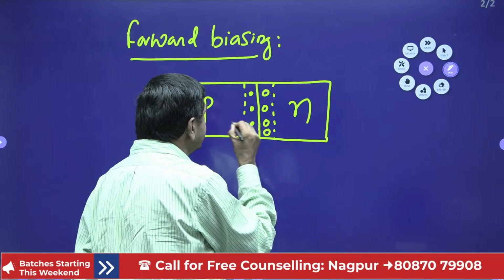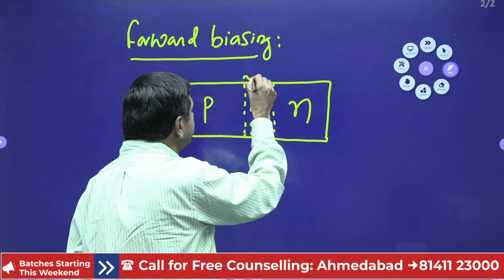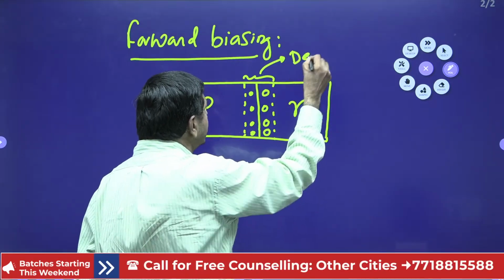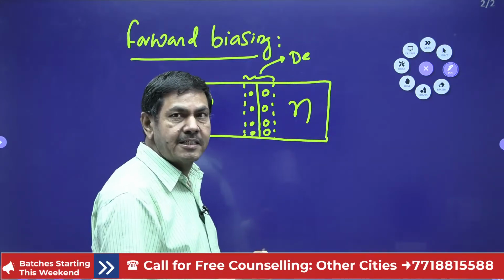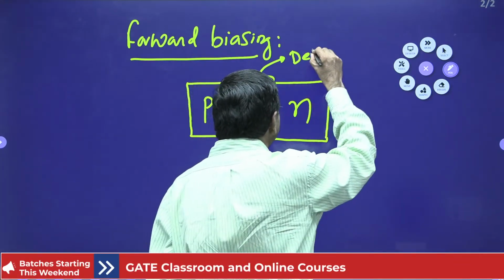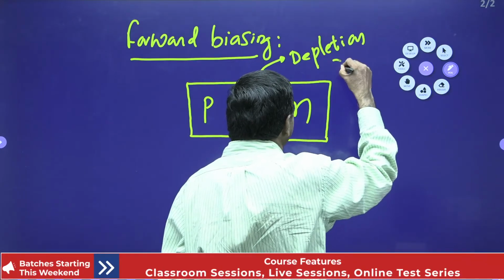This is the depletion layer, or space charge region, or high resistance region, or built-in region. Any one of the names you can give. Depletion region, I can say.